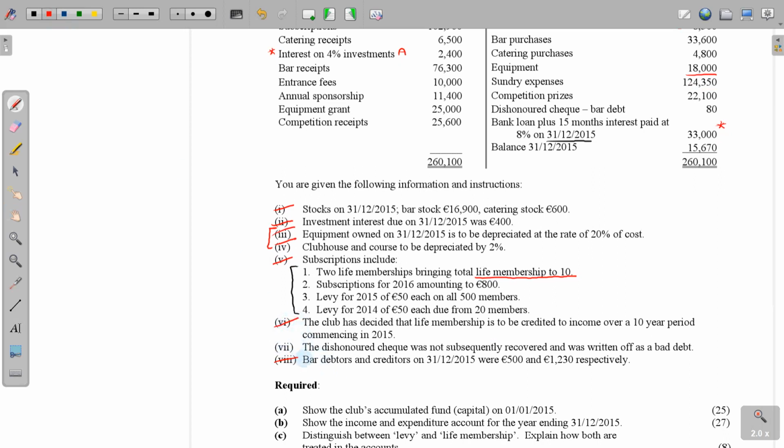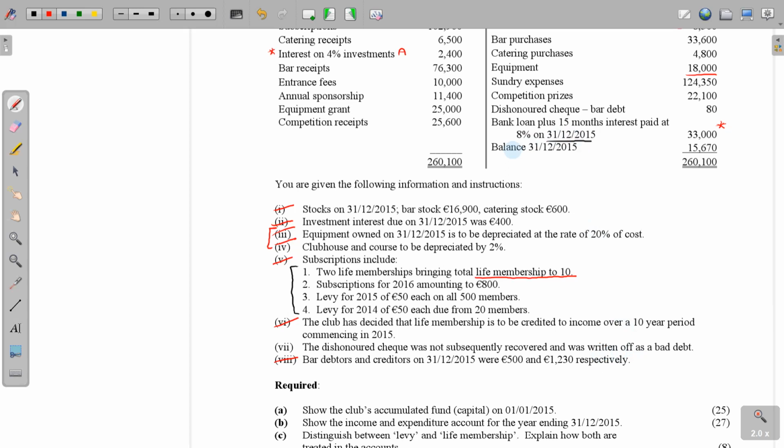Now the last one. The dishonored check was not subsequently recovered and was written off as a bad debt. So essentially, this dishonored check that we see in payments, it's kind of an adjustment that might confuse you, but basically what it's saying is that we had a dishonored check from a debtor. The check has bounced, and we don't believe that this debtor will pay us the 80 euro that they owe us.